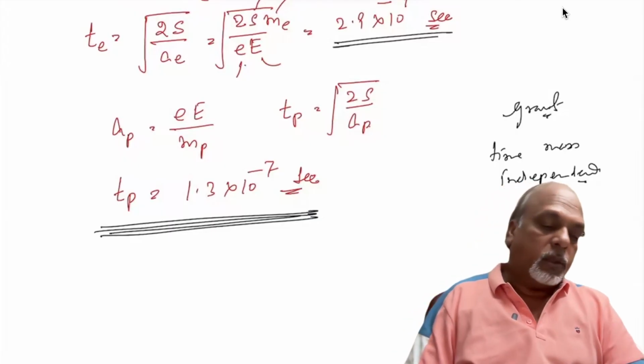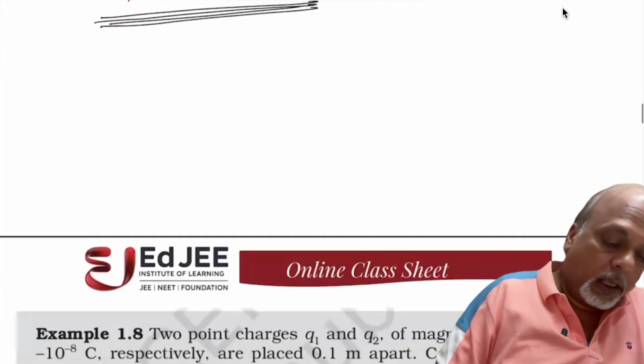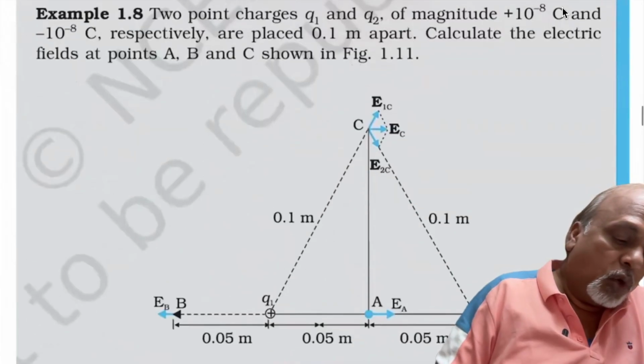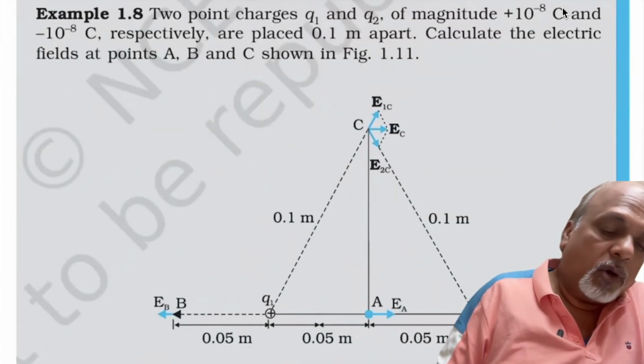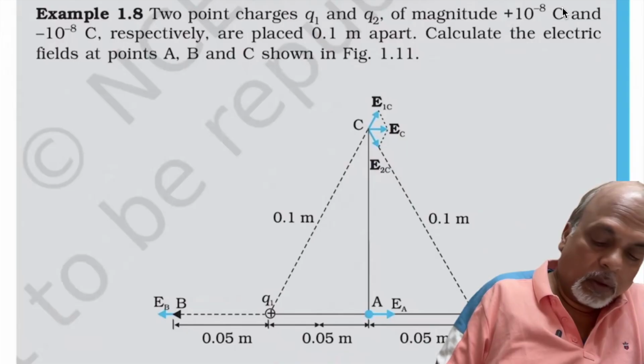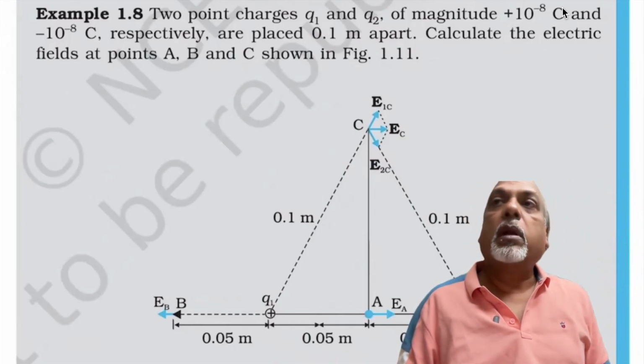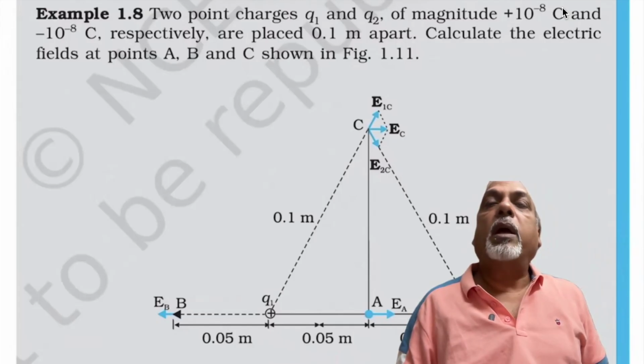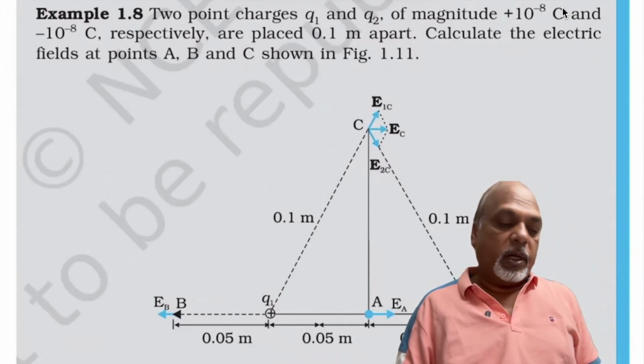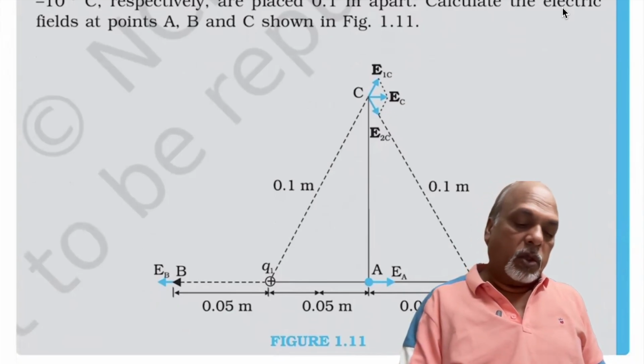Now, let us see another question. Two point charges Q1 and Q2 of magnitude 10 raised to minus 8 Coulomb and minus 10 raised to minus 8 Coulomb respectively are placed 0.1 meter apart. Correct? So these are the charges.